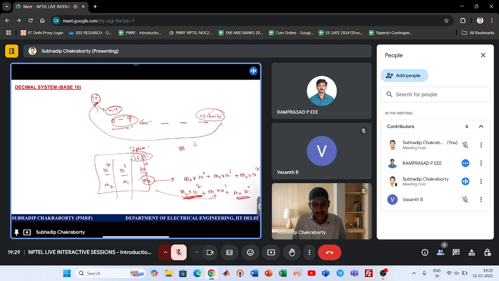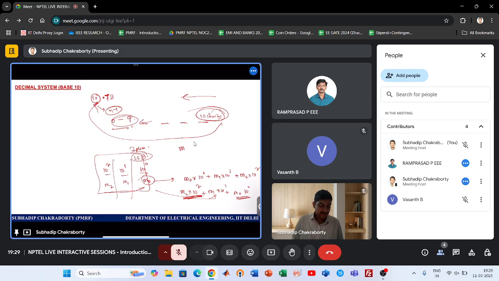And other things are the same as binary. In binary, you have 2 choices. In decimal, you have 10 choices. And you move to the higher order. We represent it like that, okay? You go from left to right. But in decimal, we go from right to left, right? Like 731.